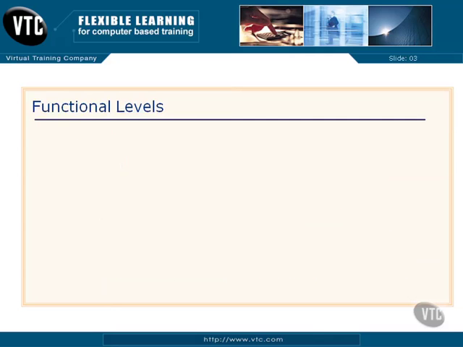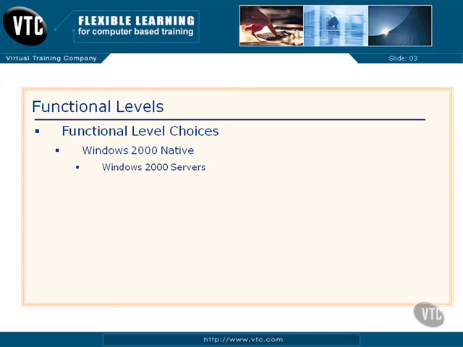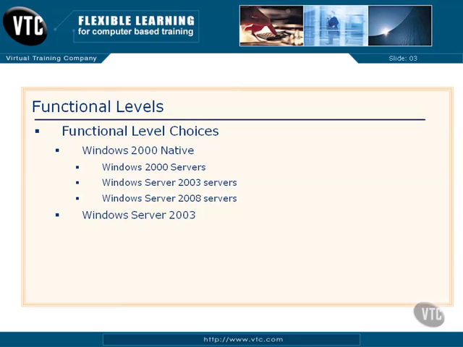Now let's look at the functional levels, just so that you'll know what your choices are. You can choose Windows 2000 native, and this means you can have Windows 2000 servers, Windows Server 2003 servers, and Windows Server 2008. But really what this means is there are no NT 4 servers in your domain or in your forest.